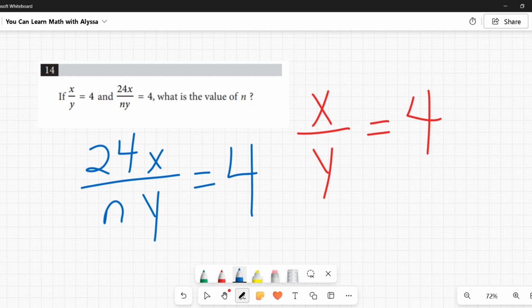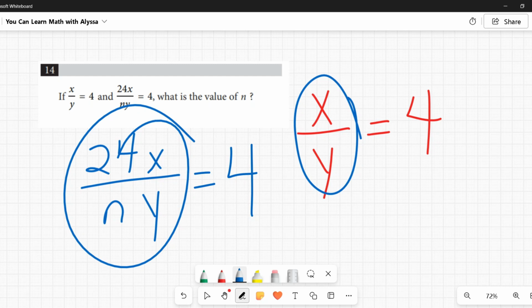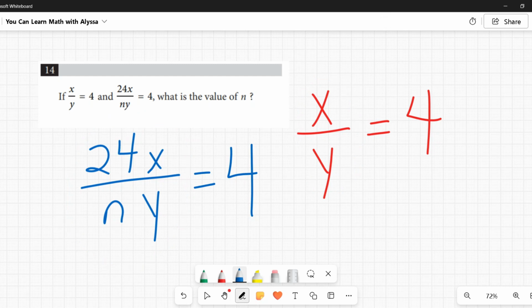We can look at this algebraically, or more like a logic problem. So let's look at it through the logic problem lens first. Nothing has changed, right? x over y equaling 4, and now 24x over ny equaling 4. It's exactly the same result.